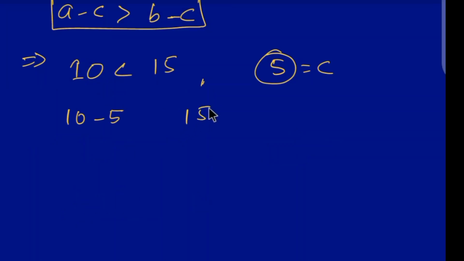So this is 5 and this is 10. Now tell me whether the condition is the same or changes. The inequality remains the same, no change here. So a is less than b. Now here a minus c greater than b minus c. What is the condition given here? So this statement becomes false.